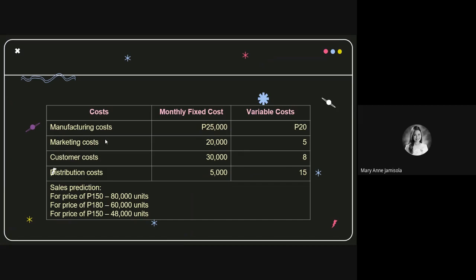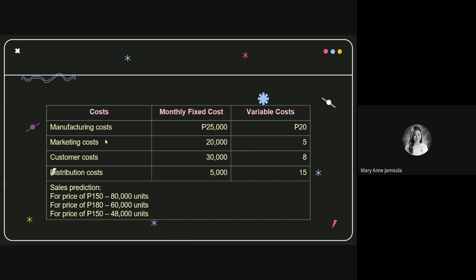Same goes with the 180 sales price. The research and development is 400,000. However, as I have supplemented, if the price is 225, the research and development cost will increase by 100,000. Therefore, at the price of 225, research and development will be 500,000 instead of 400,000.